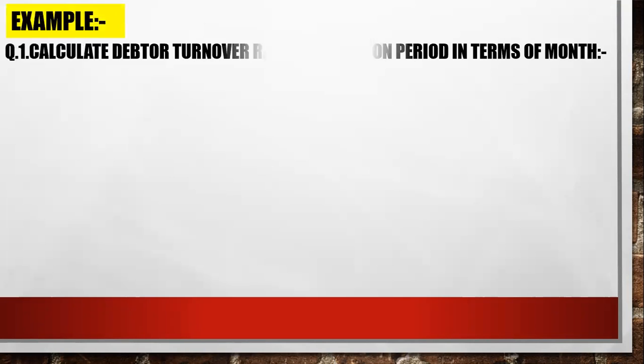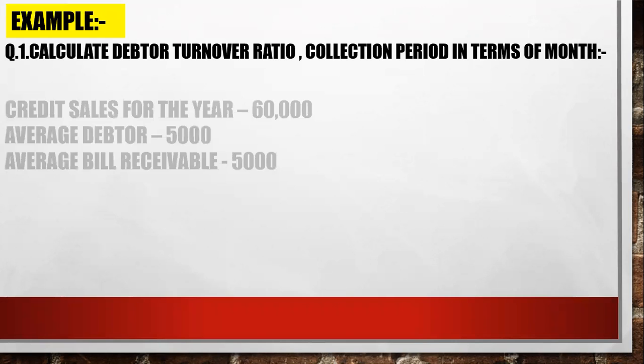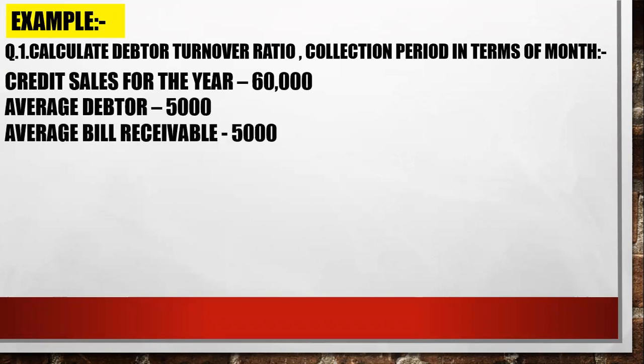Clear everyone? If they say in terms of months, you multiply by 12. If it were in terms of weeks, you multiply with 52, and in terms of days, you multiply with 365. So this is the question they have given you.